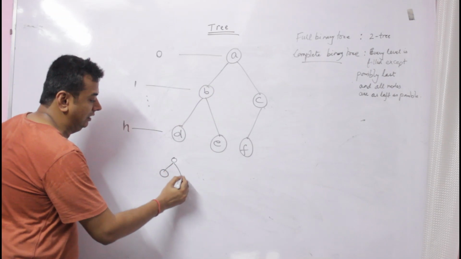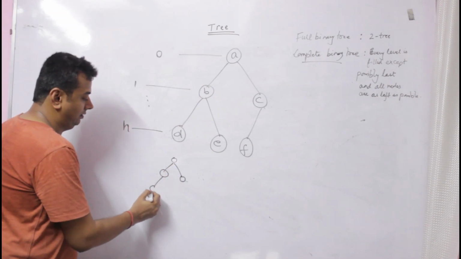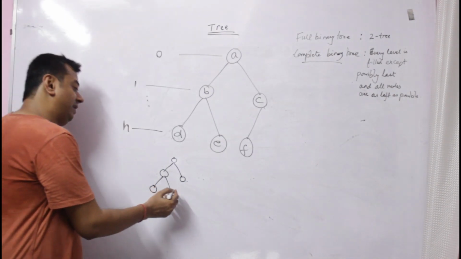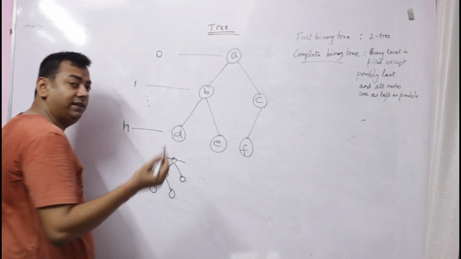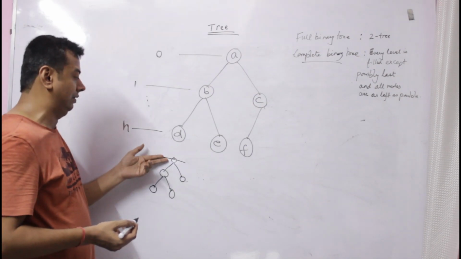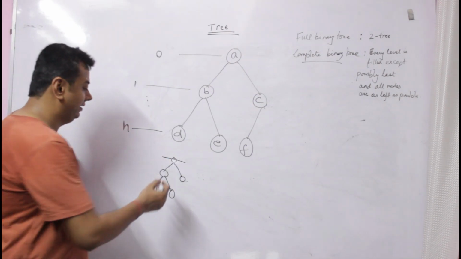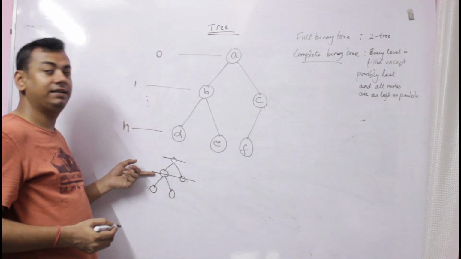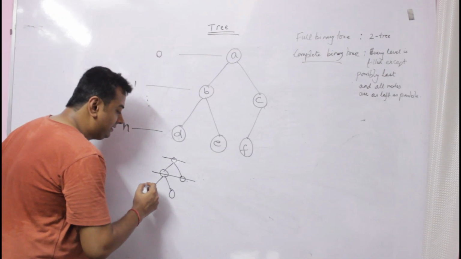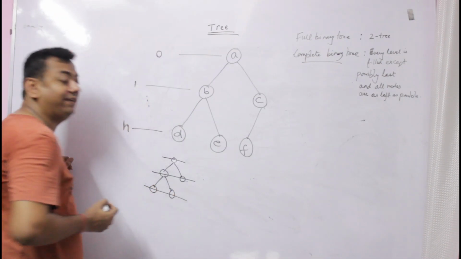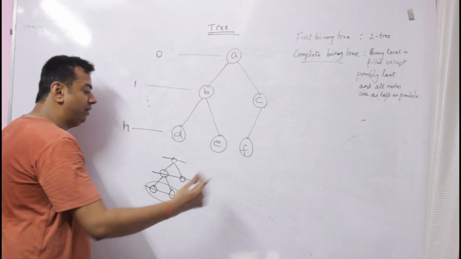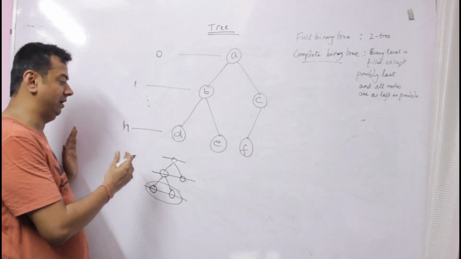So if this is a tree, this level is filled since there is only one node here. This level is also filled since both are present. This level is the last level, and in the last level both nodes are as left as possible.